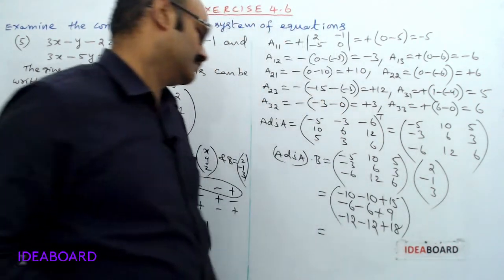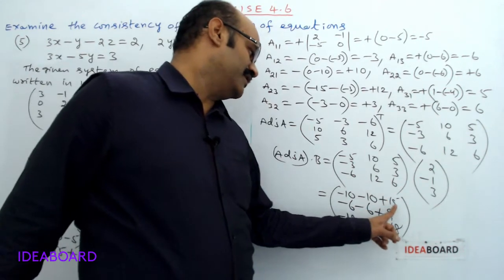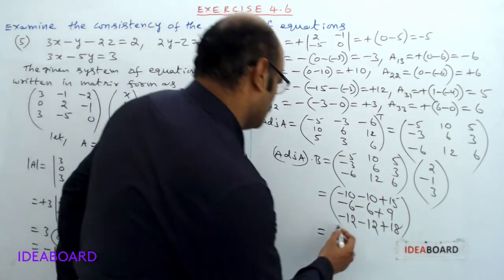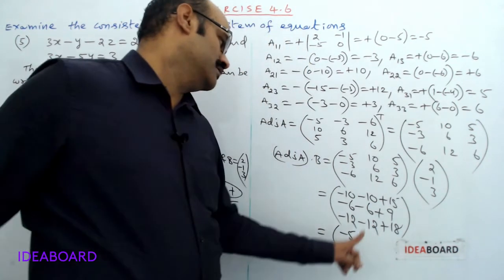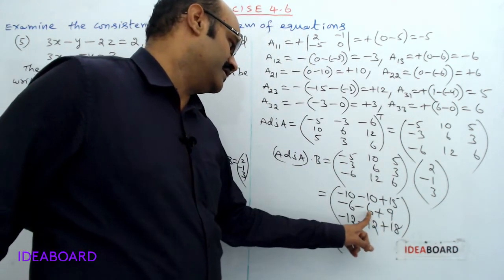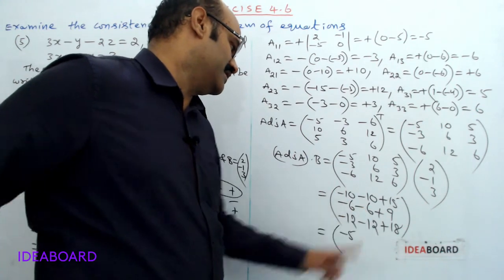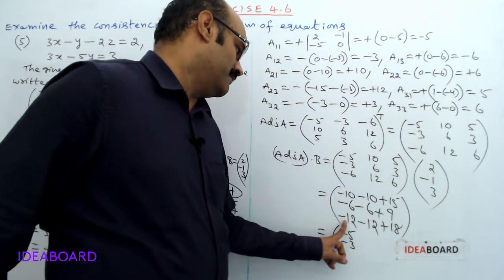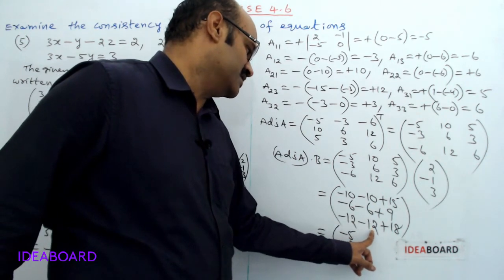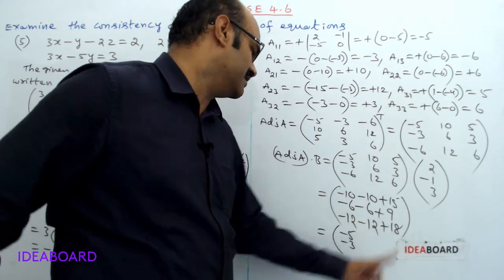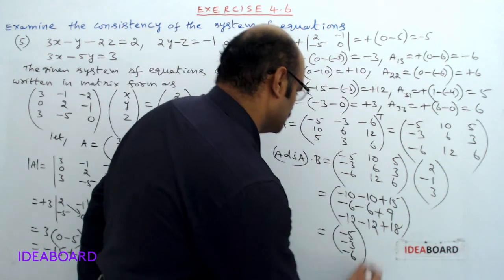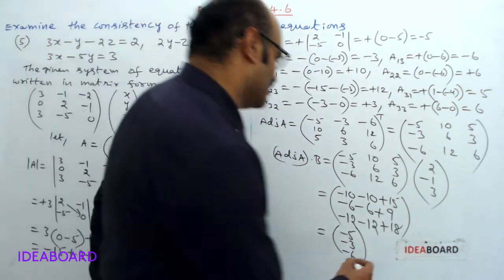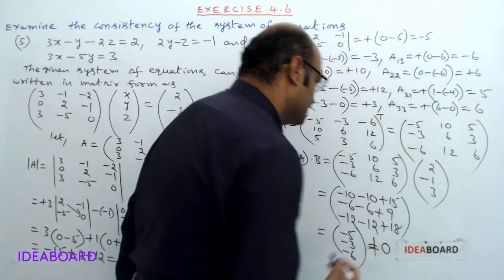Equal to 15 minus 10 is 5, minus 10 plus 5 is minus 5, 9 minus 6 is 3, minus 6 plus 3 is minus 3, minus 12 minus 24 is minus 24 plus 18 equal to minus 6. So here we are getting minus 5, minus 3, minus 6, which is not equal to null matrix.